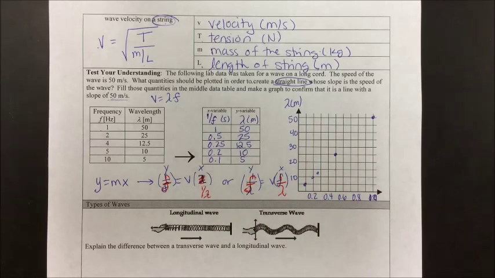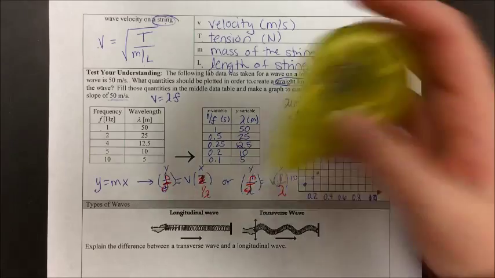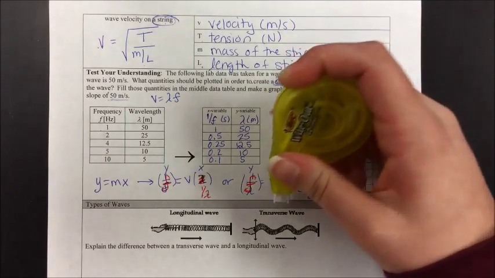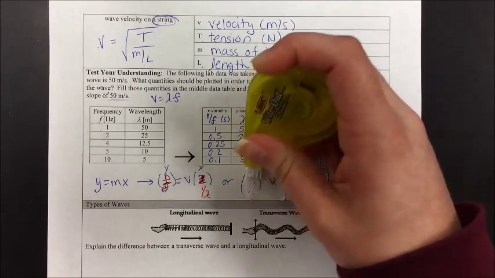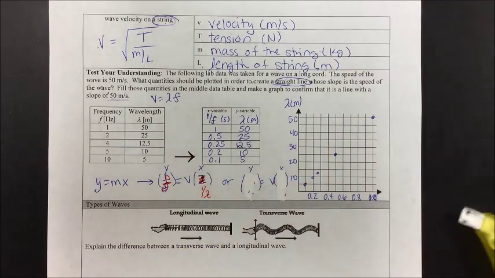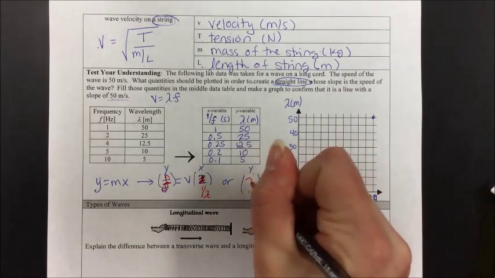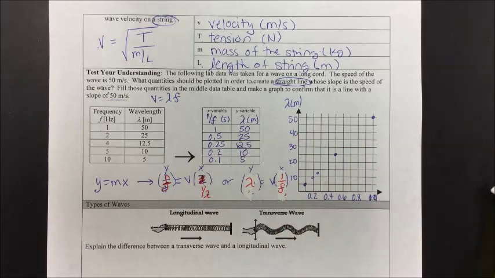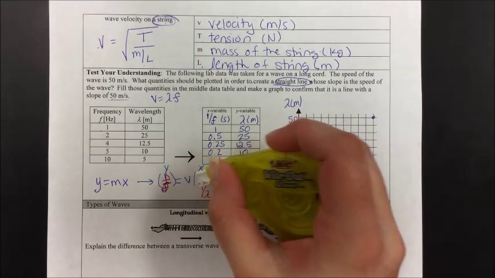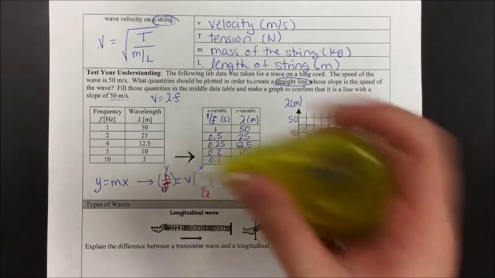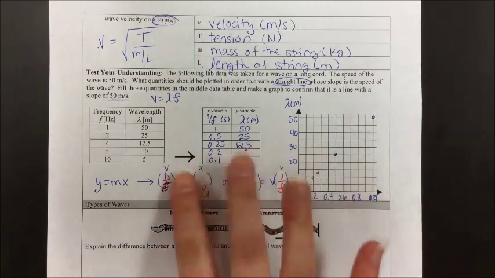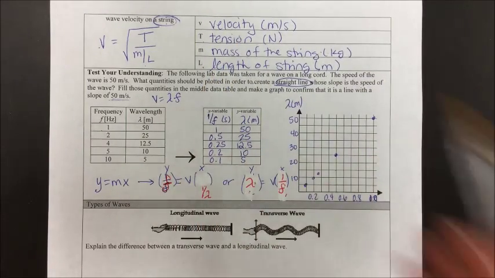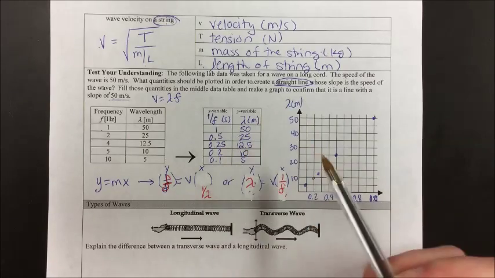Oops, did that backwards. So this would be wavelength and 1 over frequency. Okay, there we go. That should make your line better. And you'll see that that's what I did up here in my table.